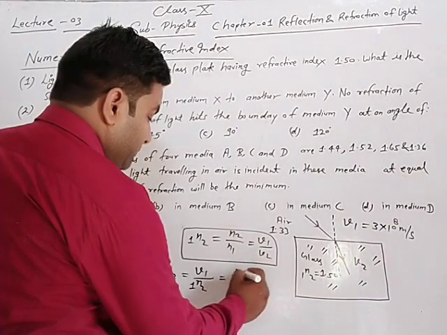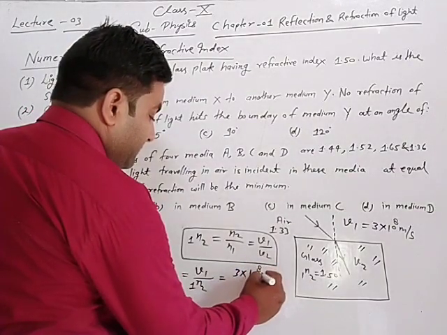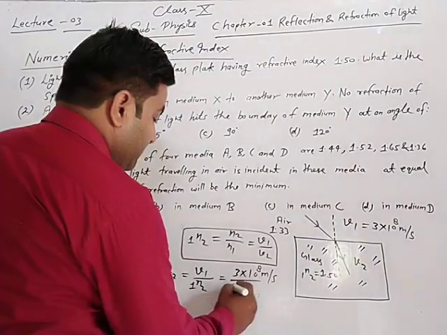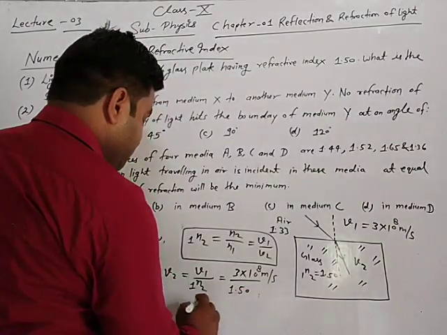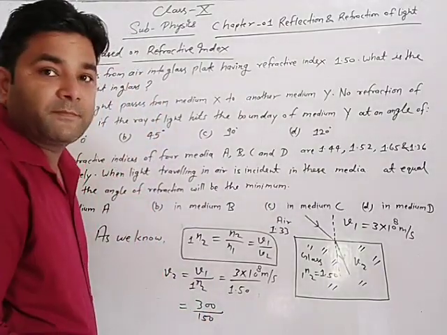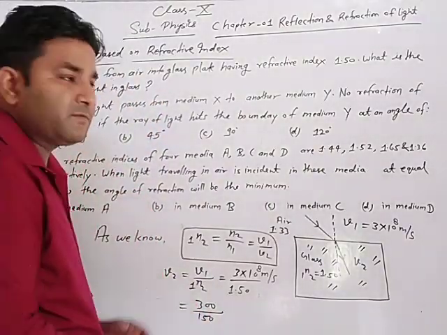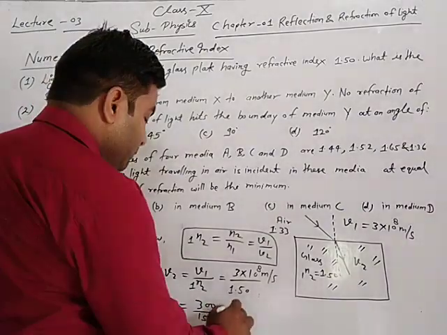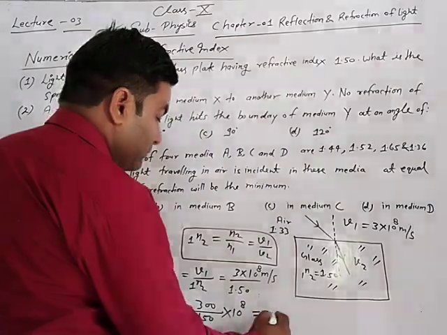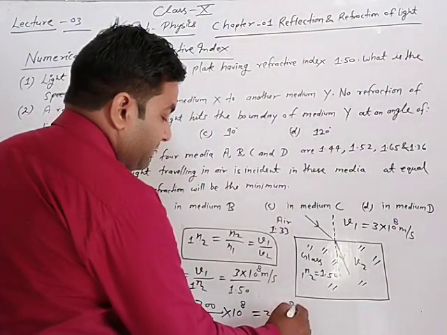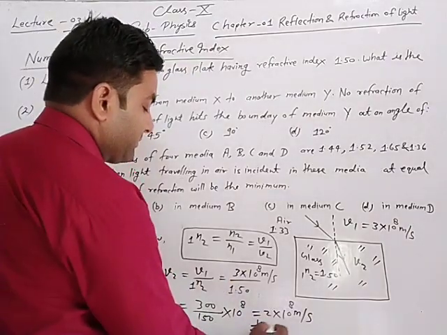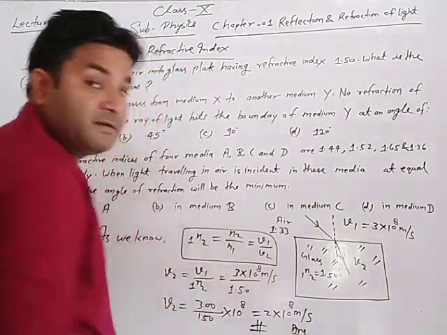Then 3 into 10 power 8 meter per second upon 1.50, then this changes to 300 upon 150, and 300 upon 150 is 2. So V2 is equal to 2 into 10 power 8 meter per second. This is the answer of the given problem.